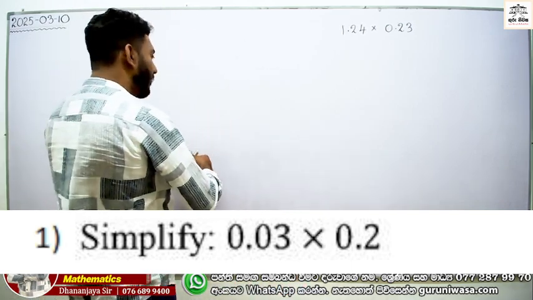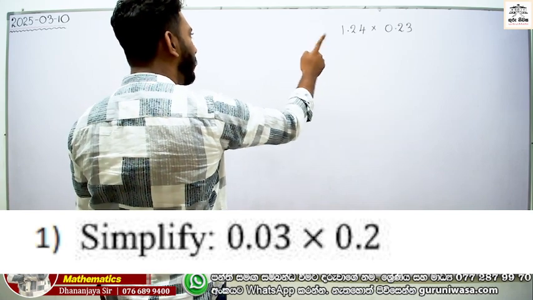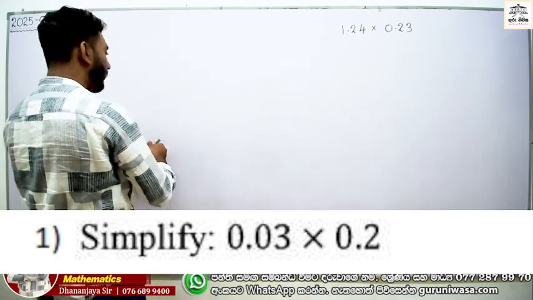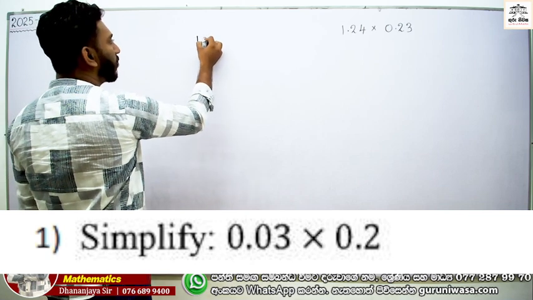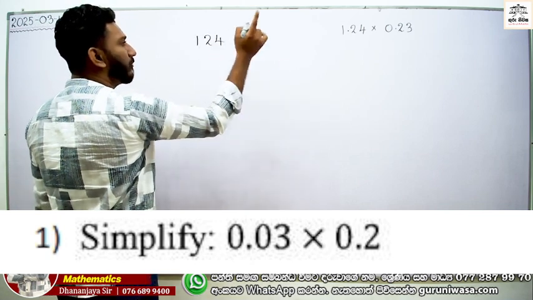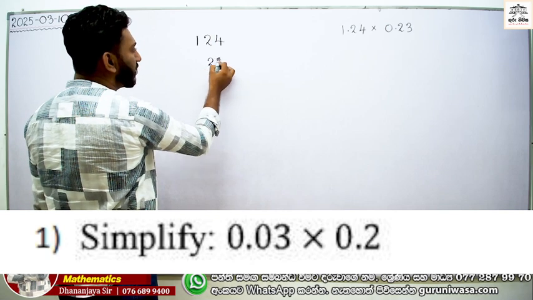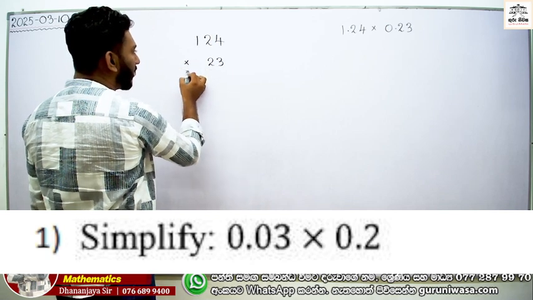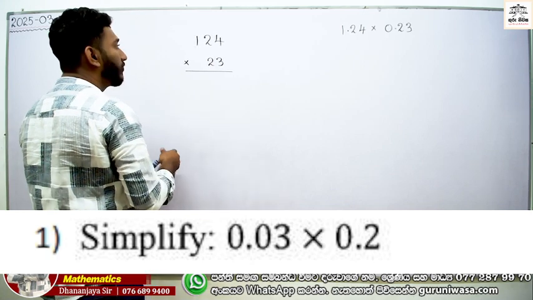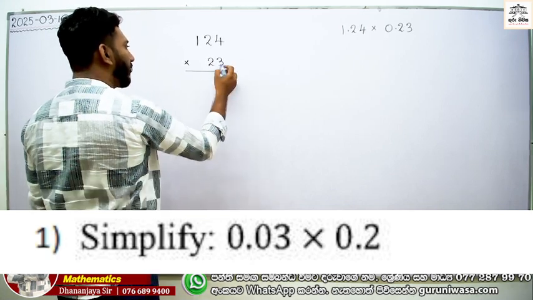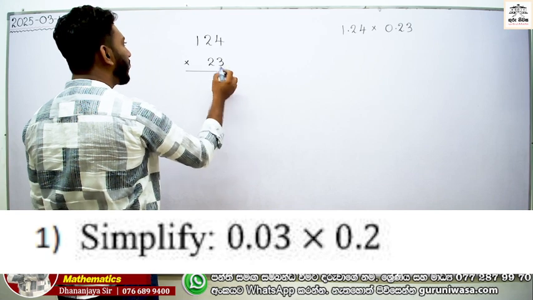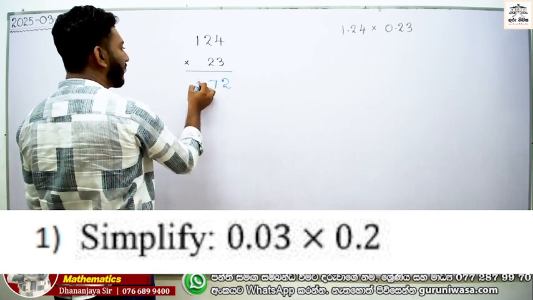Now listen. Without the decimal place, 1.24, remove the decimal point, becomes 124. Without the decimal place, the other becomes 23. Now we are going to multiply. First, 3 times 4 is 12, 1 remainder, and 6, and 7, and 3.